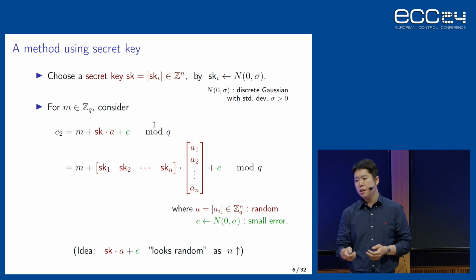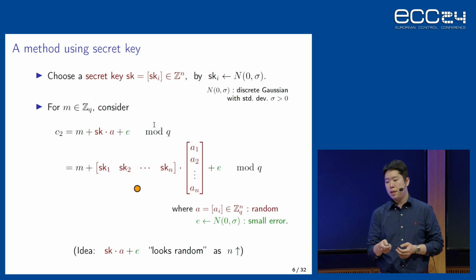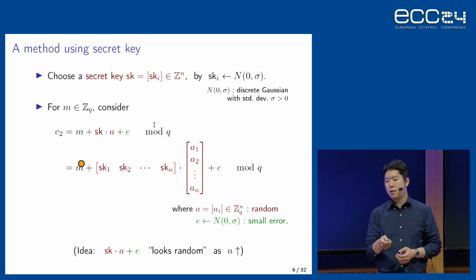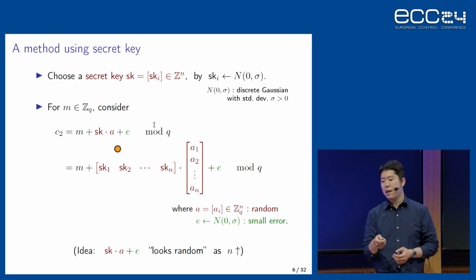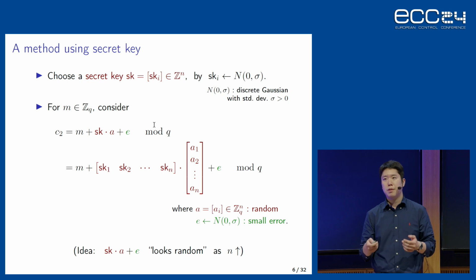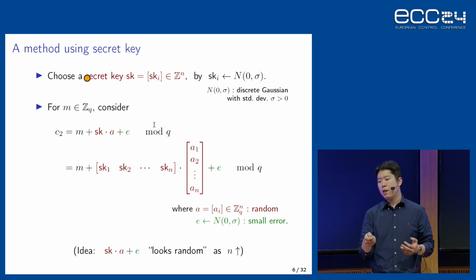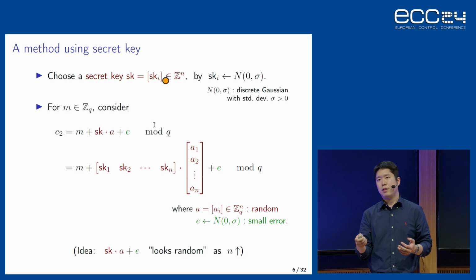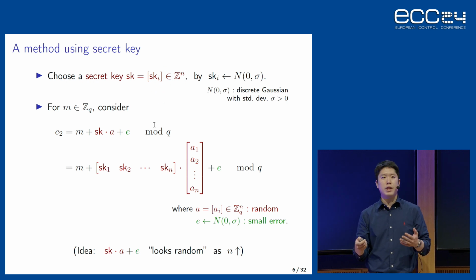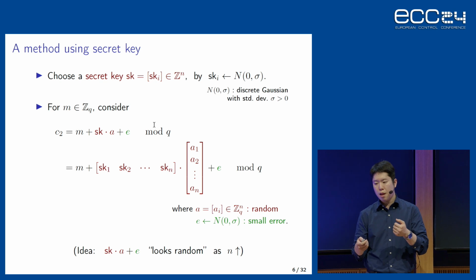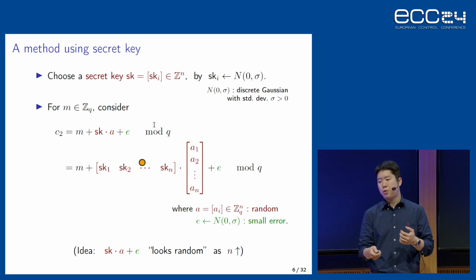So here, again, here's the message given. I would like to mask this message by adding some random-like number. The thing is, we first choose a secret key vector, which consists of n integers, and then we keep this in a secret vector. And what we do is to perform a dot product.